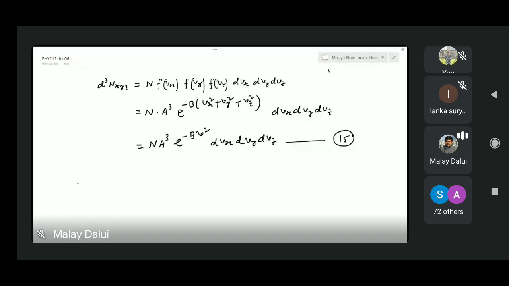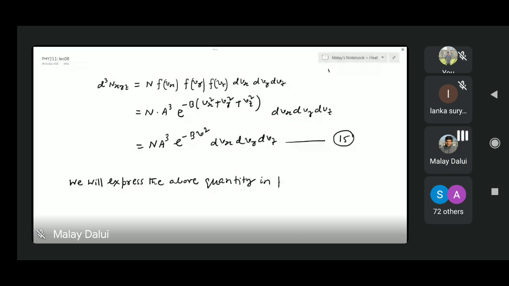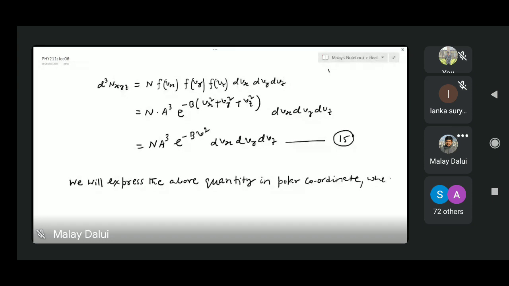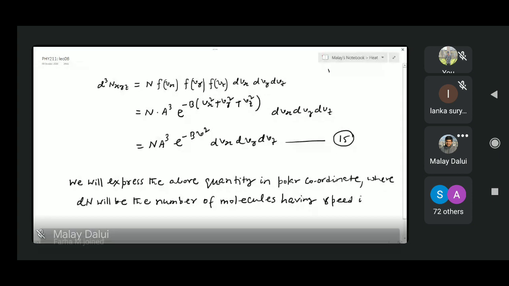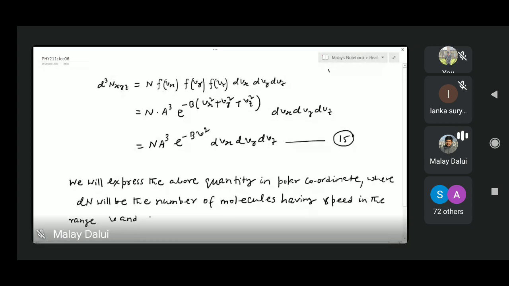So we will express the above quantity in polar coordinates, where dn will be the number of molecules having velocity or speed in the range v and v plus dv.